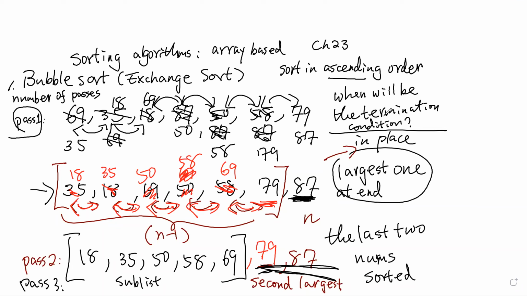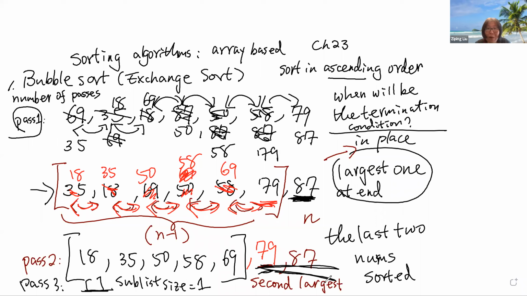When n equals 1. Very good. When the sublist size is 1, you can keep shortening, and when the sublist is just 1 item, then definitely all of the items after it are already sorted. That's the general termination condition.